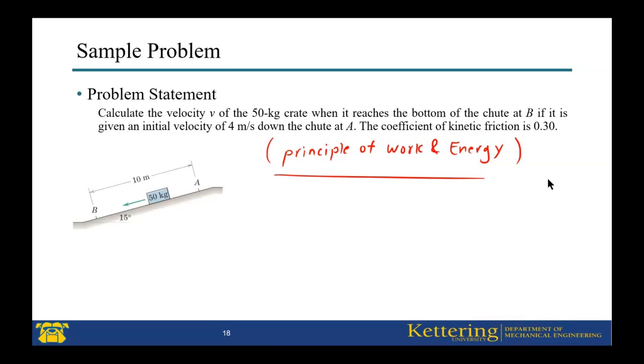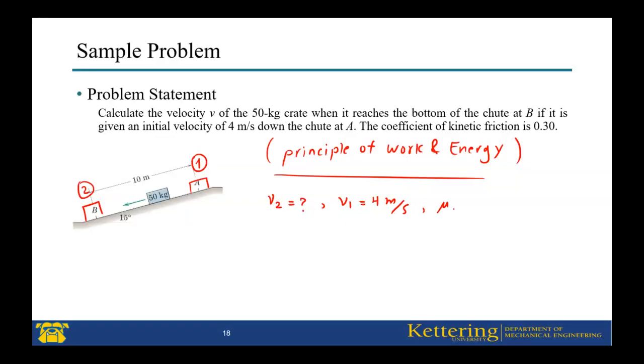Now, using the principle of work and energy for this one, it starts at state A. I put this as condition 1, state 1, position 1, and it moves to state 2, position 2. Now, we are looking to find the velocity at state 2 when the initial velocity is 4 meters per second.